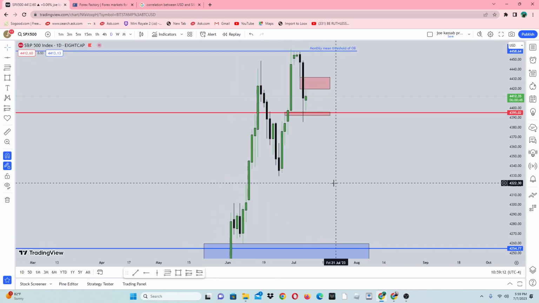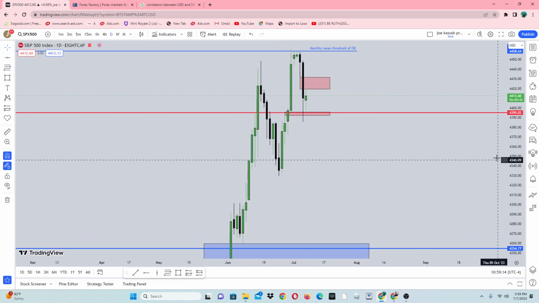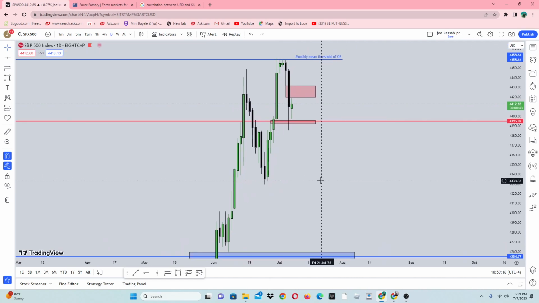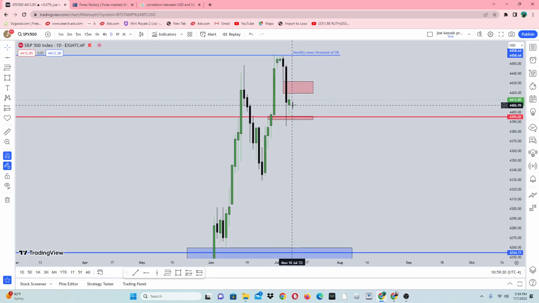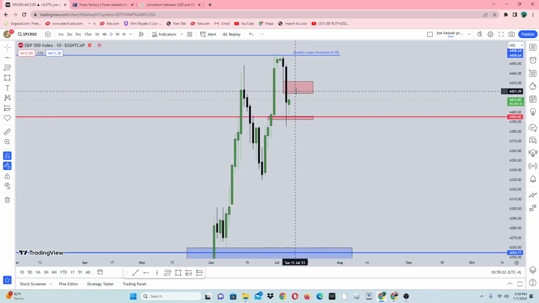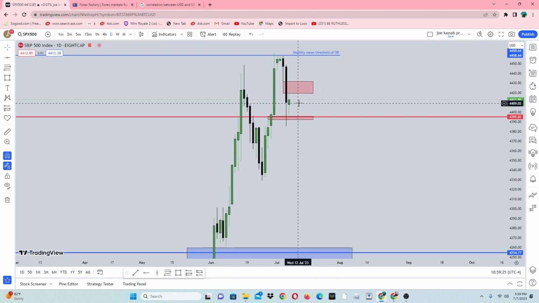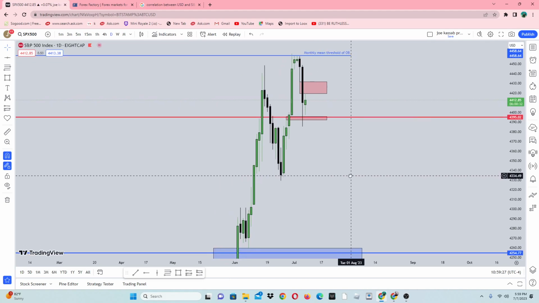So there are a lot of targets to be hit next week, but I will see how it will open on Monday, and what will happen on Tuesday, and I shall see. Maybe I will take a trade on Wednesday.